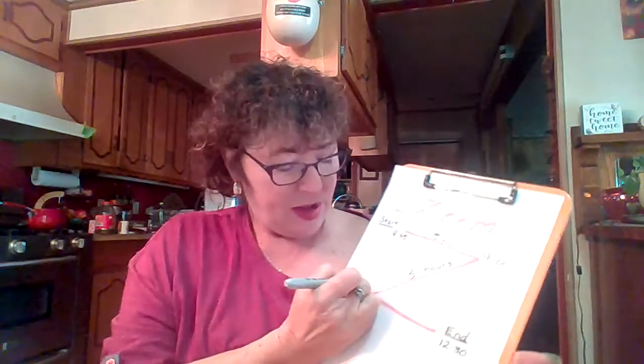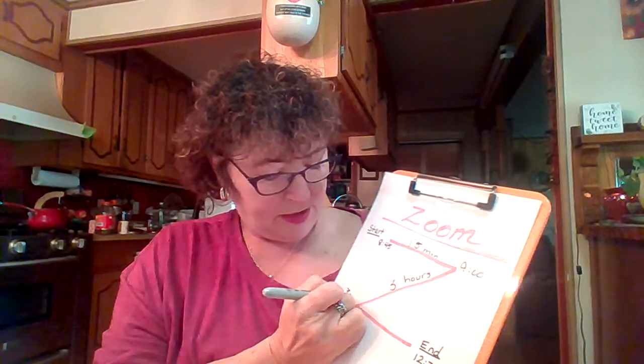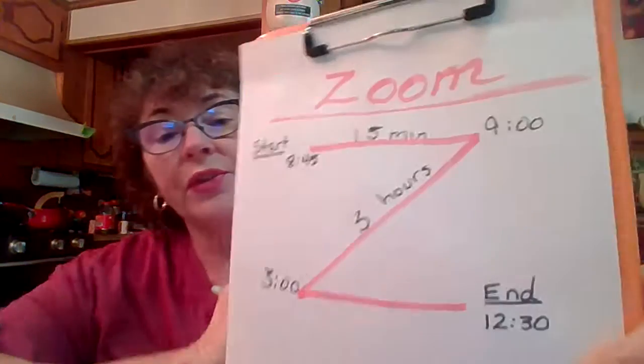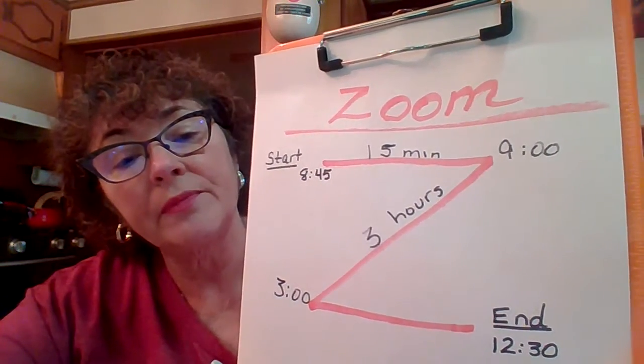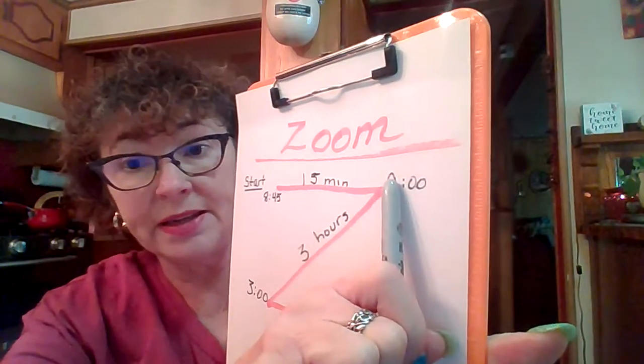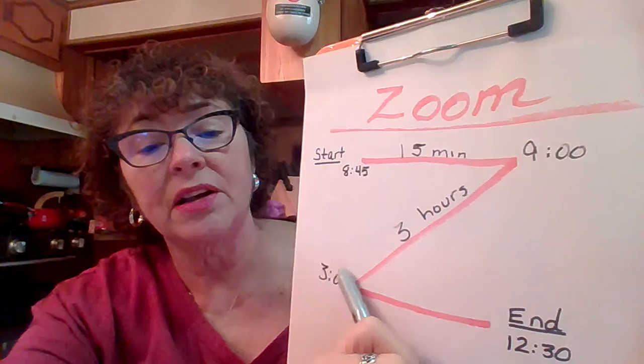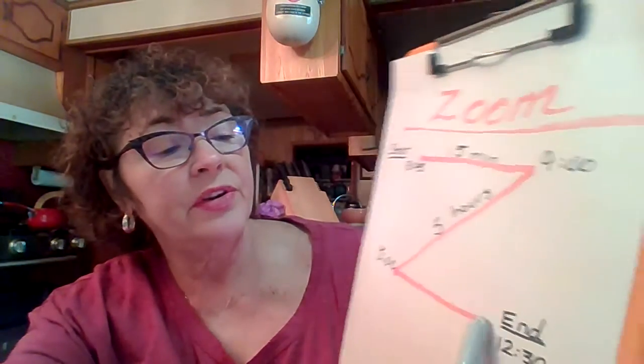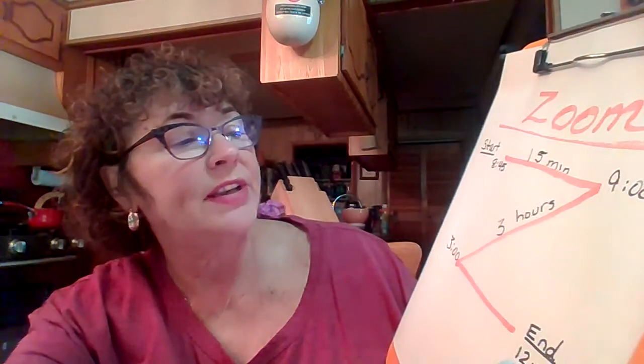It's okay to use your hands. 3 hours, and that gets us to 3 o'clock. You went from 8:45, added 15 minutes to get to 9 o'clock. From 9 o'clock to the nearest, oh goodness, I wrote the wrong number, is 12 o'clock. Please forgive me.